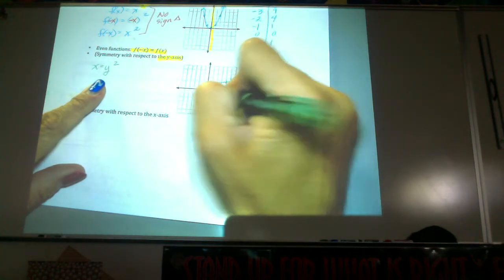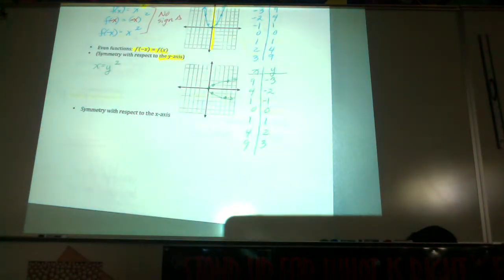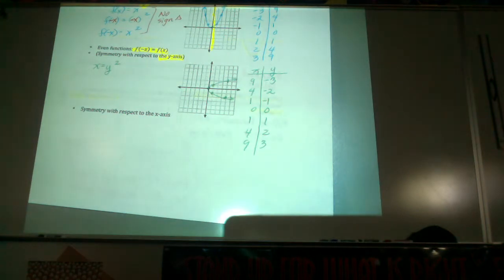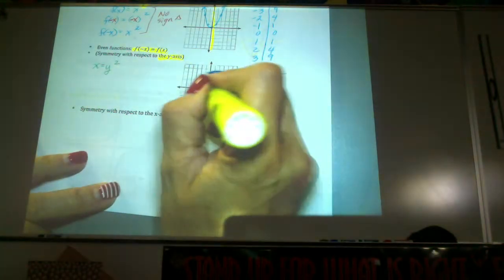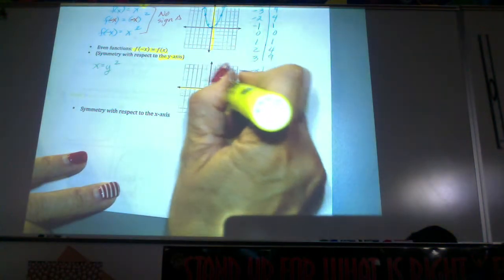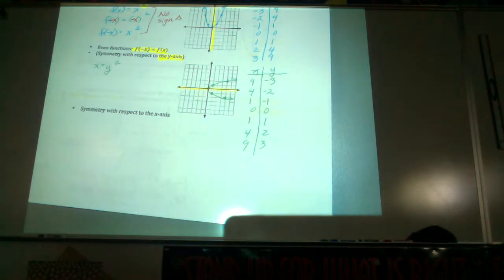Is this symmetric to the y-axis? Yes or no? No. But it is symmetric to the x-axis. So symmetry to the x-axis means it's neither odd nor even. So if you see a graph that's symmetrical to the x-axis, it's not odd, it's not even.